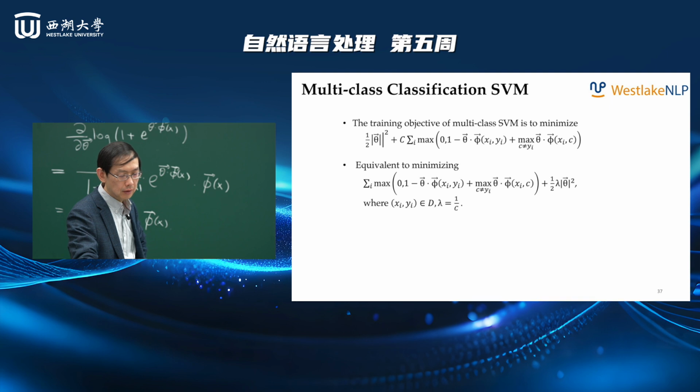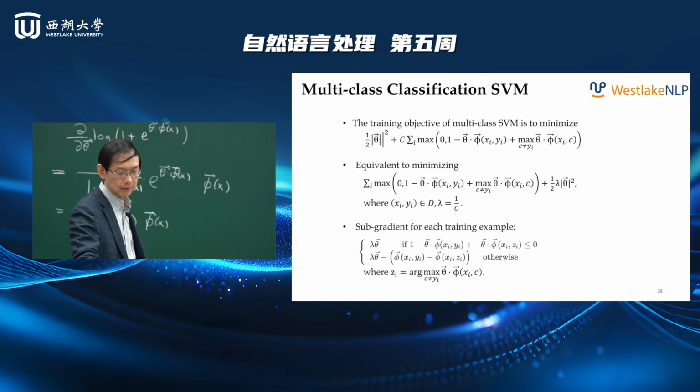And then all we want to do is to use SGD to train theta, all right? And to use SGD to train theta, all I need is the gradient of this objective over theta, right?